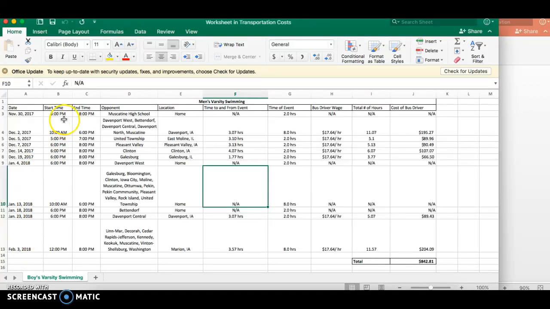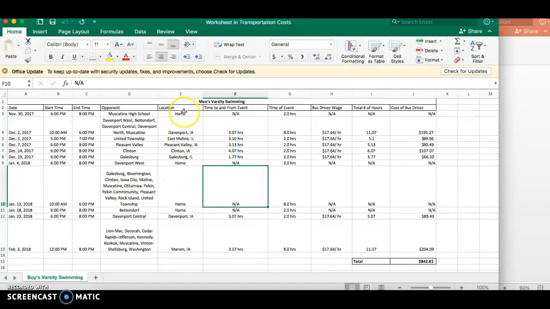I looked at the schedule for when those meets were and then the start times, and then I calculated the end time based on my knowledge of swim meets, whether it was a dual meet versus one opponent or an invitational versus multiple opponents. A dual meet usually lasts 2 hours and an invitational usually lasts 8 hours.